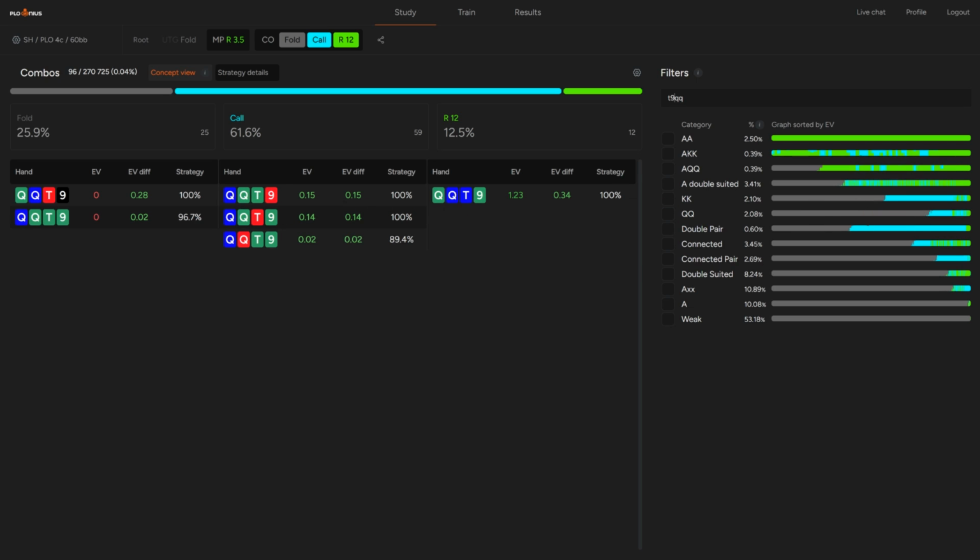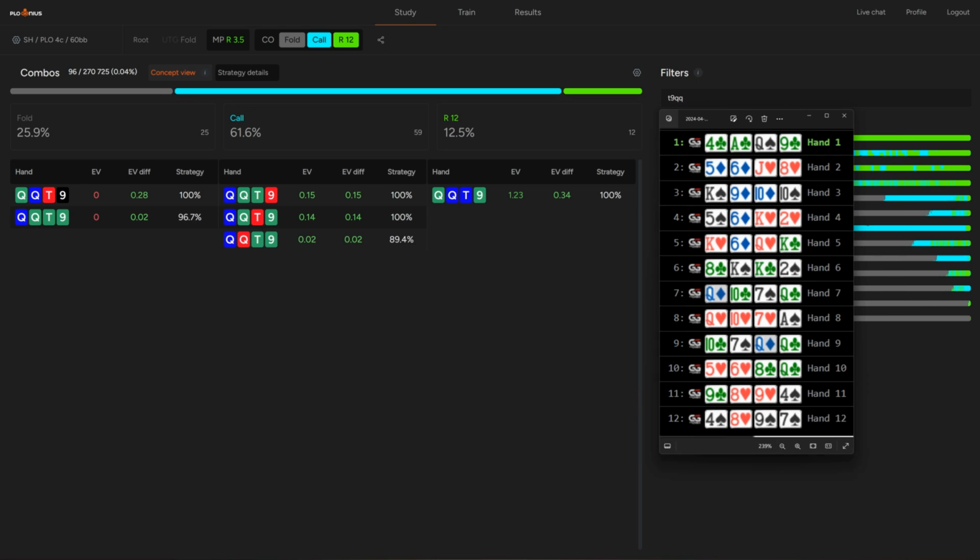Alrighty, let's have a look at another one. I'm looking at number 10 here now, 5, 6, 8, queen, double suited, thinking definitely not folding, and not sure, getting close to a 3-bet, but probably not.